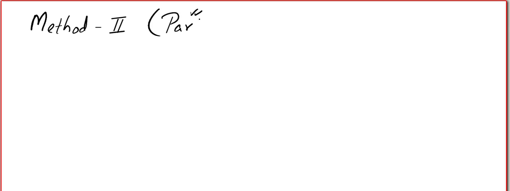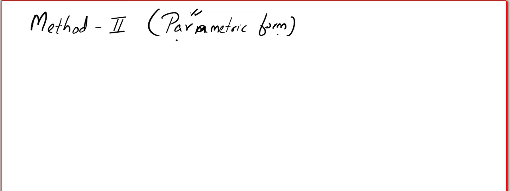Okay, now let's do the same stuff with parametric form, method 2, because some people love to simplify with parametric form, and to be honest, I love parametric form. But the sad part is we don't know the parametric equations of some curves, so you should be very good in both methods.